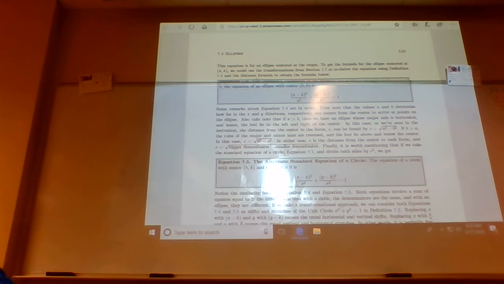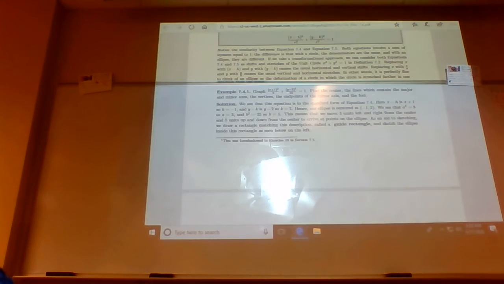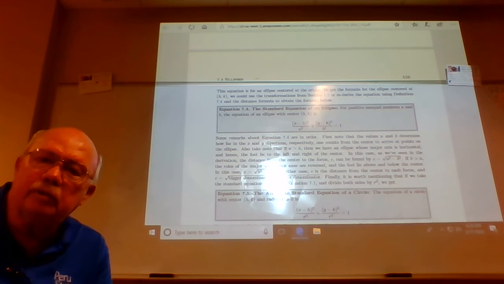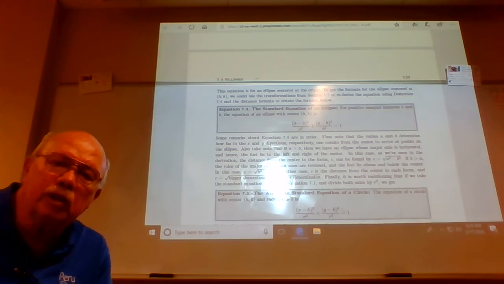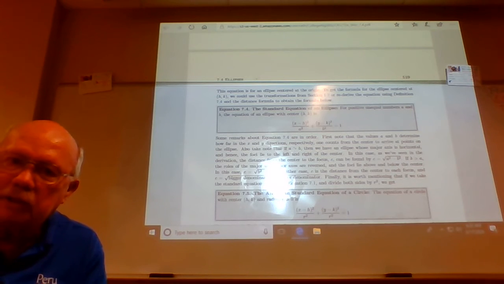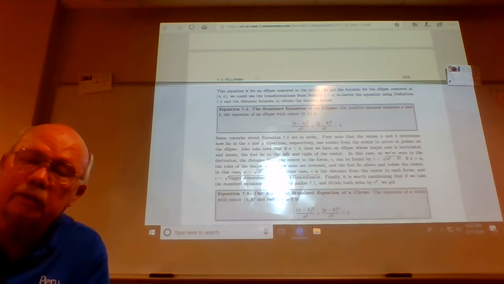So therefore it would be a circle and not an ellipse. Now, none of this asks us to do much with things, so that's why I'm not going to make a big deal out of each phase of it. I think that we need to just look at that formula and see if we can plug in some values and get it to work. You notice here in the text, they don't spend a lot of time with it either.